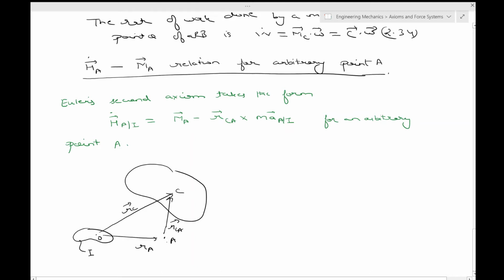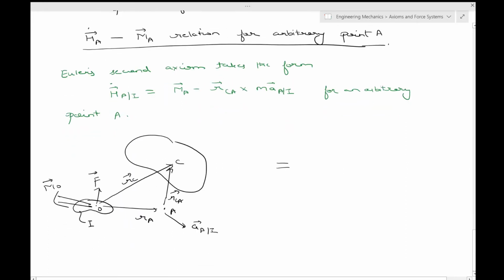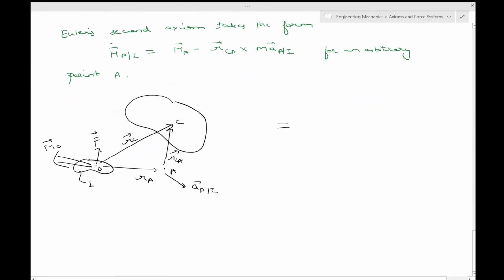The acceleration of this point A is the vector acceleration of A with respect to I. This has a MO, and this has an F. So let's see how this works out.